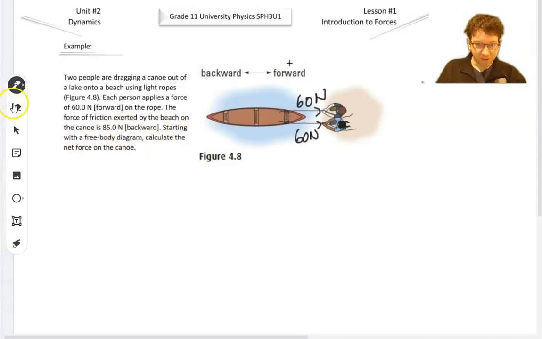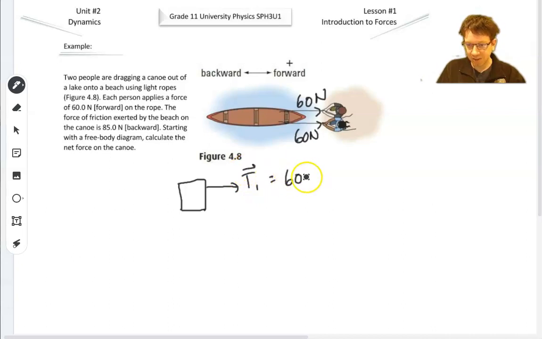So we're going to start with a free body diagram. So here's our canoe as a free body diagram. See? That I can draw. And all the individual forces. So we have one, let's call this a tension 1, and it's a vector, is 60 newtons. Okay, I don't really need to write forward because the direction is shown with the arrow here.